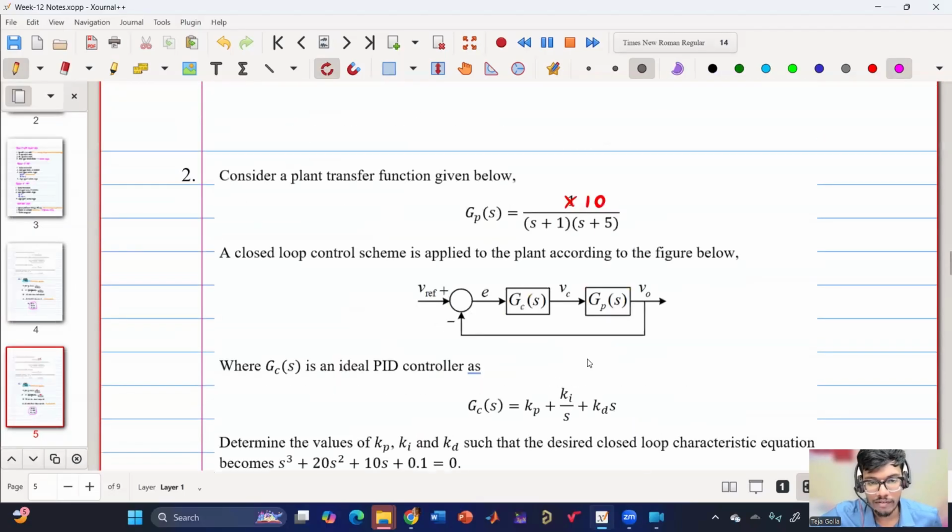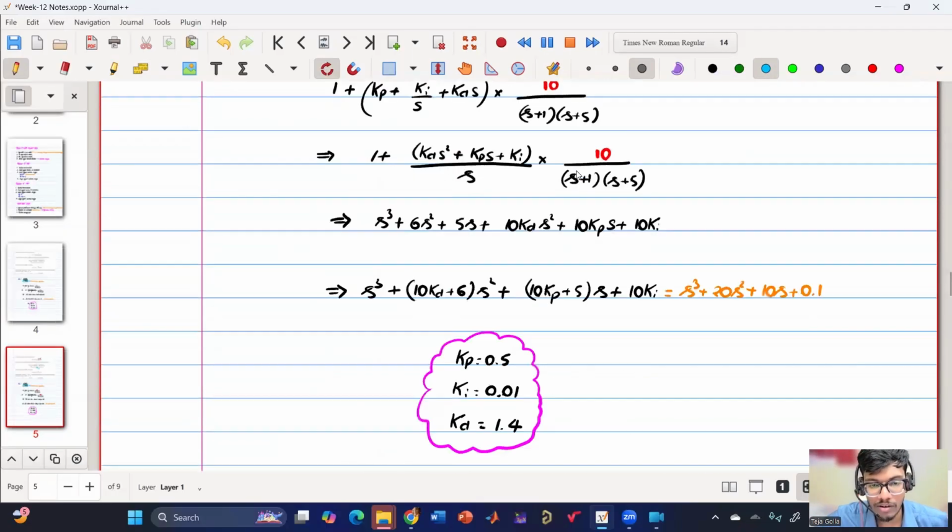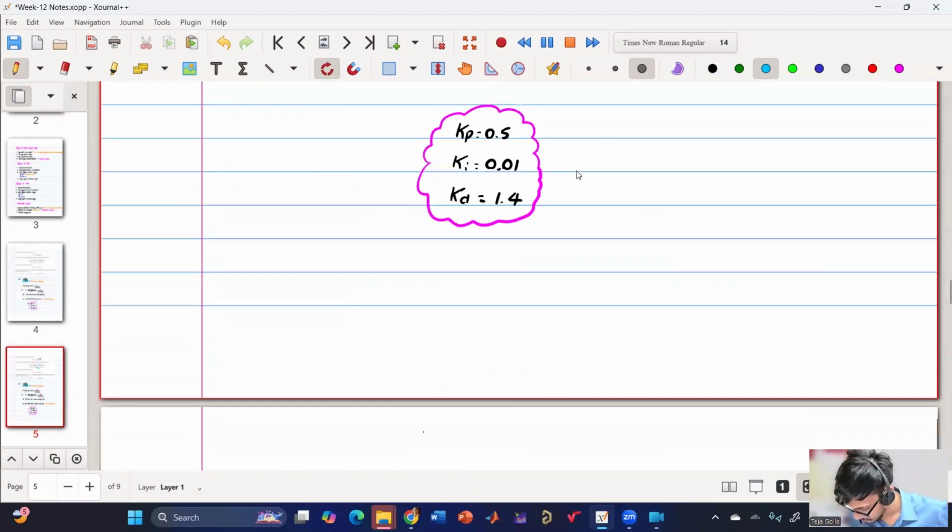Similarly, if I have a sensor here with a gain of, say, half, then what will be the gains if the sensor gain is half?